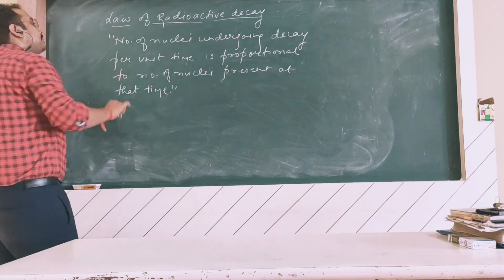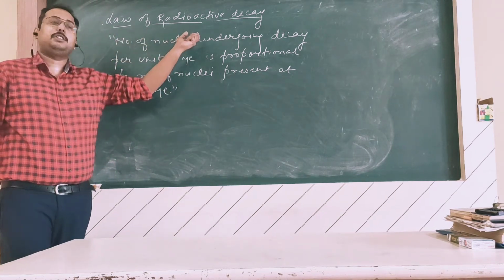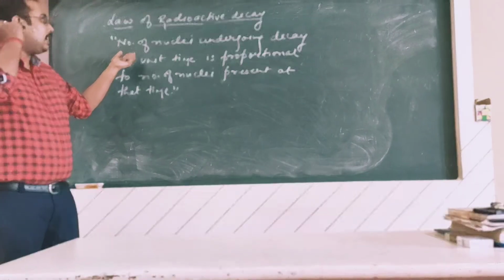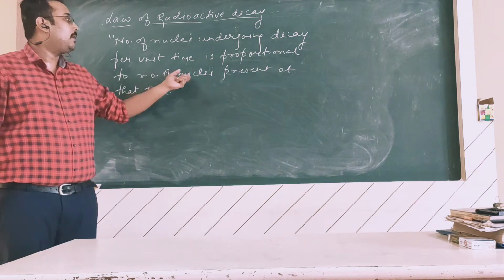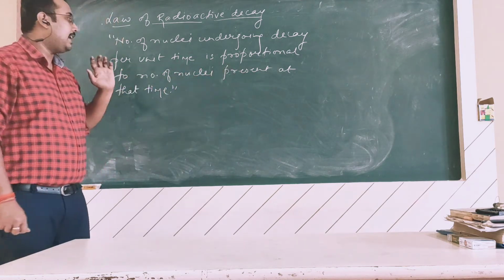So this is the basic statement of the law of radioactive decay. The number of nuclei undergoing decay per unit time is proportional to the number of nuclei present at that time.